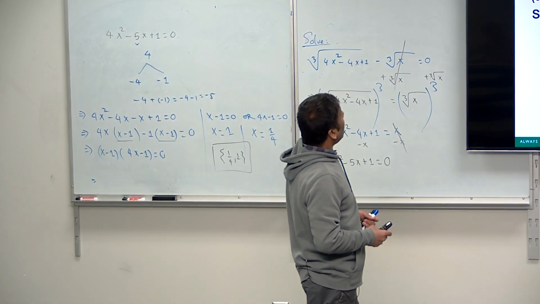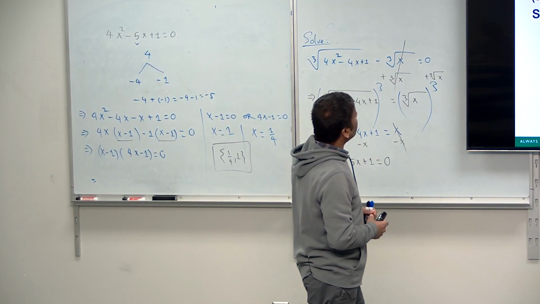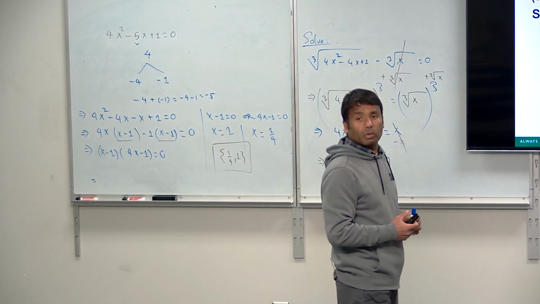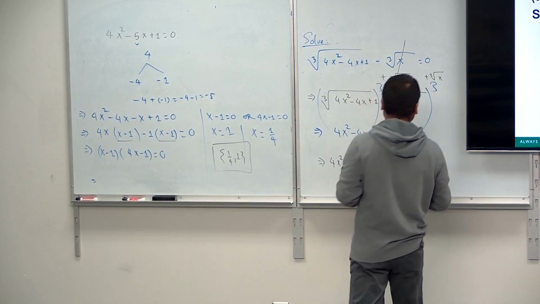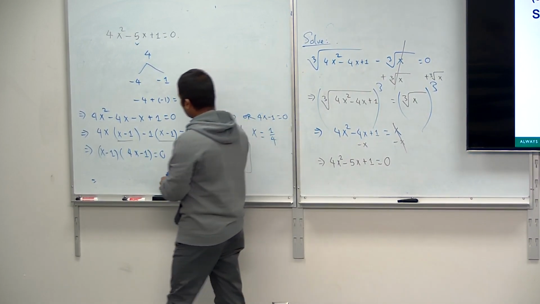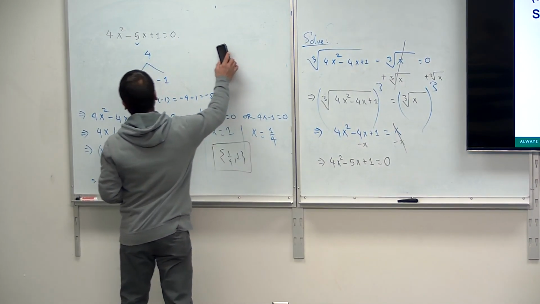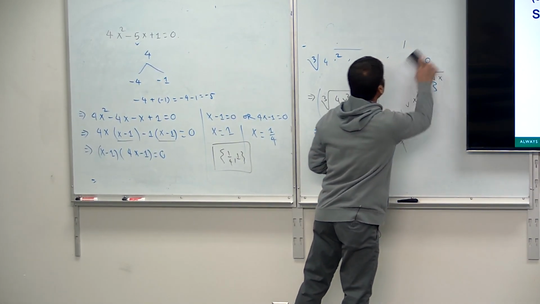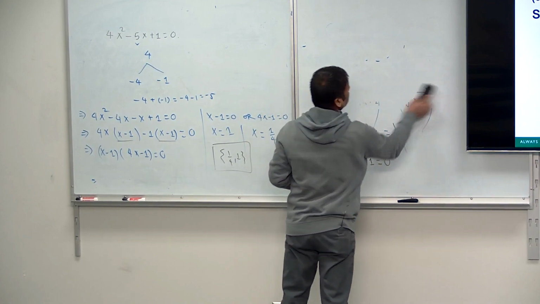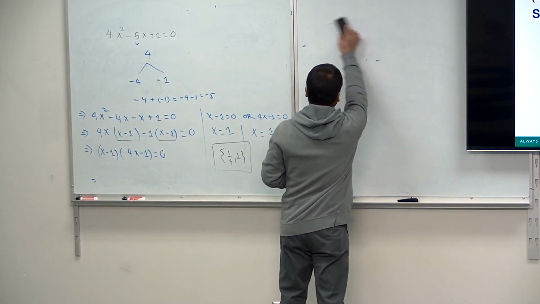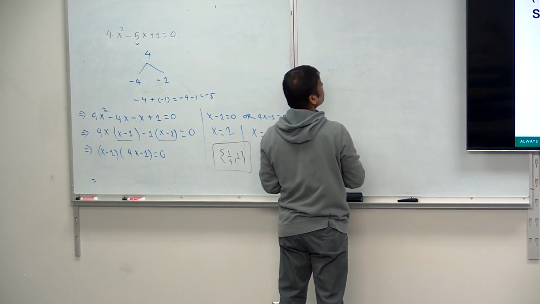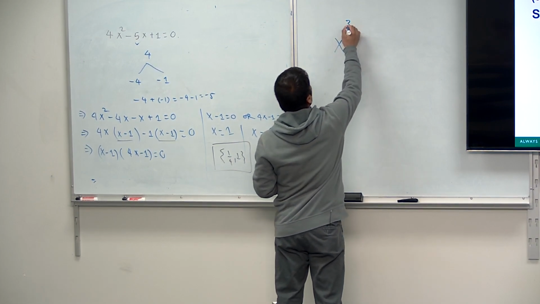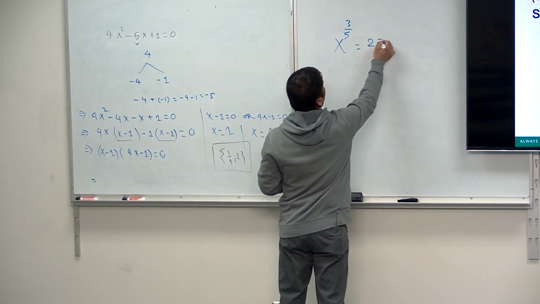So, if you want to solve this equation, you see that x to the power 3 over 5 equal to 27. How do you solve this? x to the power 3 over 5 equal to 27.